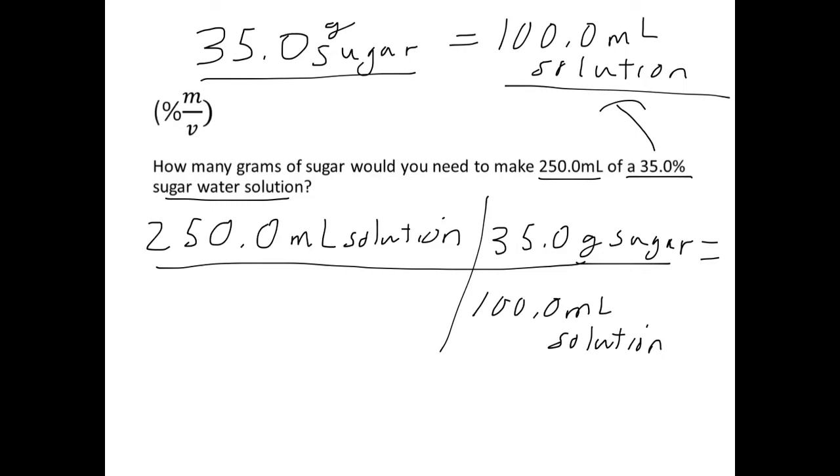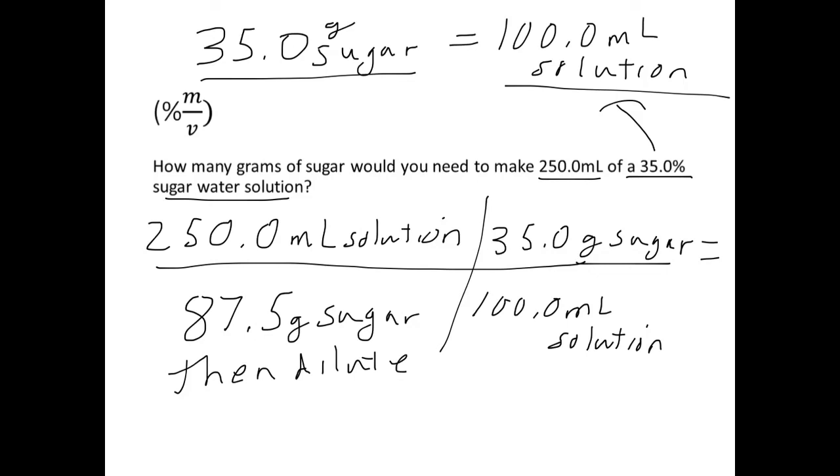And that gives you 87.5 grams of sugar. So to make this solution, you'd measure 87.5 grams of sugar, then dilute to 250 milliliters with water.